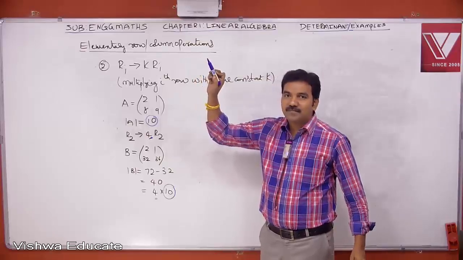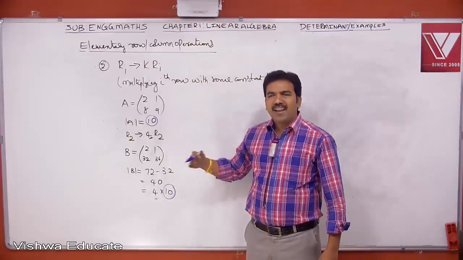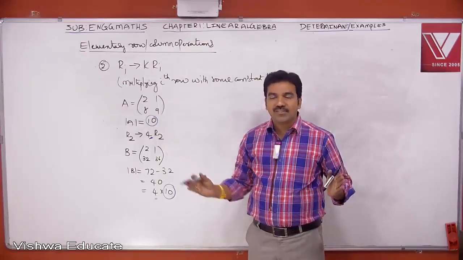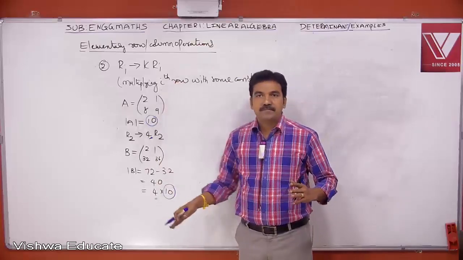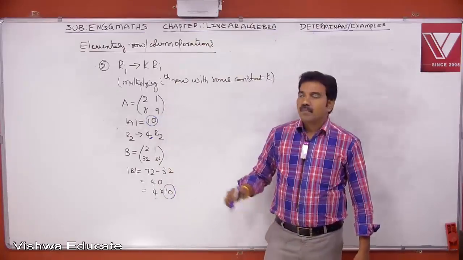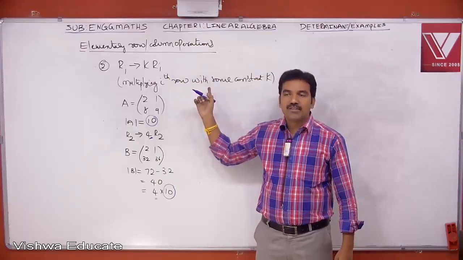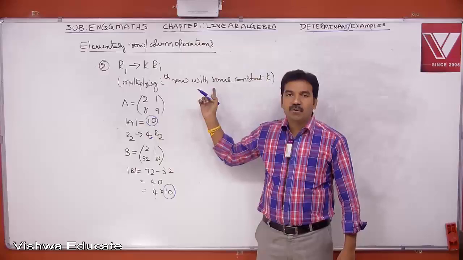Got it? Now in this case, we have manipulated only the second row. Like this, you can implement the same rule for all rows with all different constants. We will discuss it shortly. Meanwhile, note this point. Ri implies k Ri: multiplying the ith row with some constant k.